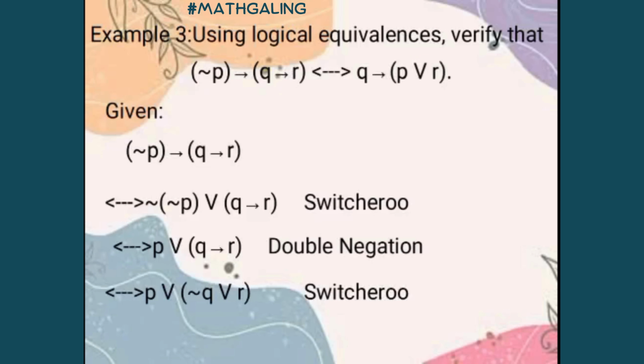Next example. The negation of P or not P then Q, then R. Let's see if they are equivalent to Q then the quantity P or R. So we have three propositions P, Q, and R. Using the given, we can use the conditional law and also double negation, since we have these two symbols.